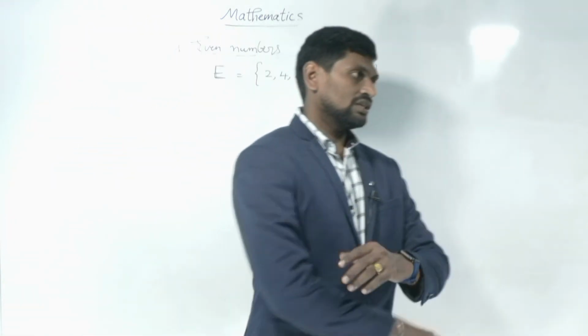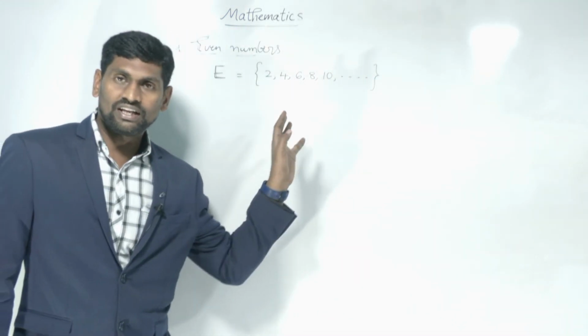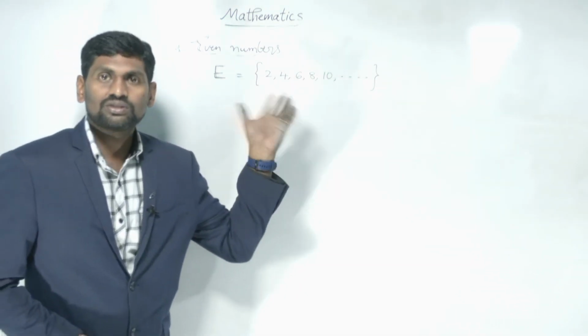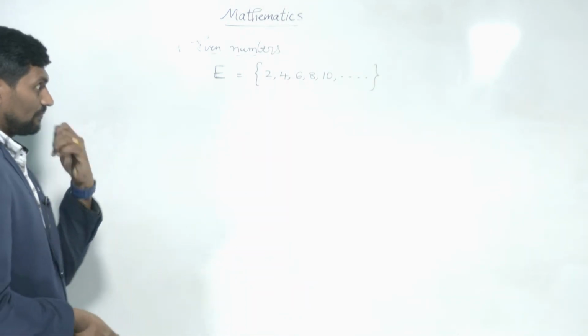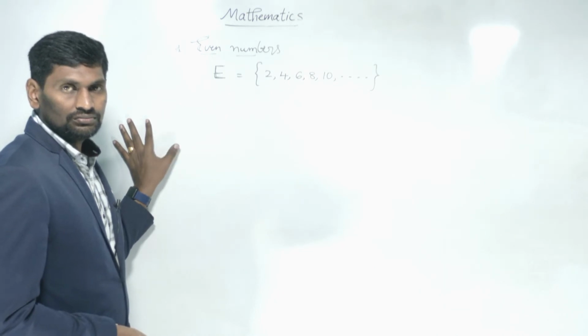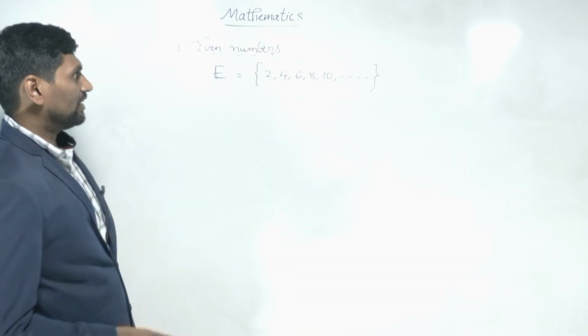All are exactly divisible by 2 without leaving any remainder. Okay?